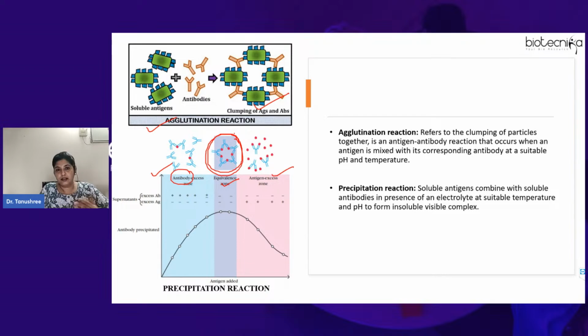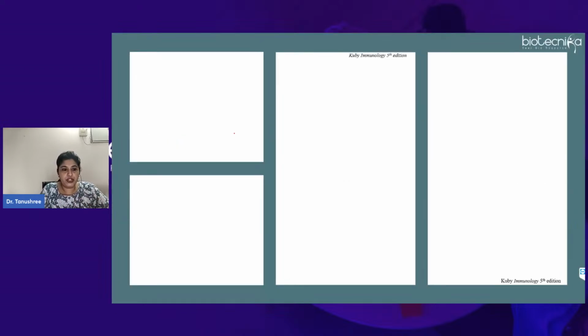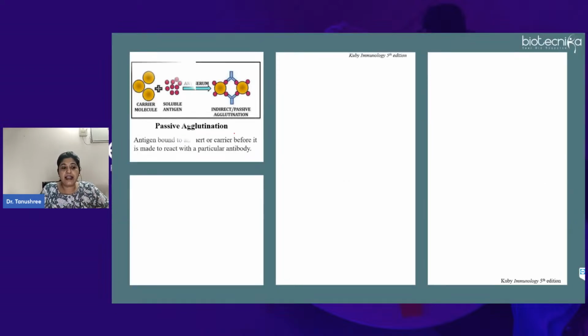Now in the question, 4 techniques have been given to you. First technique is passive agglutination. It's an agglutination, like from the name only you can make out, an agglutination reaction will happen, but it is passive agglutination. Passive here means that your antigen is bound to an inert or carrier molecule, any kind of matrix you can say, right?